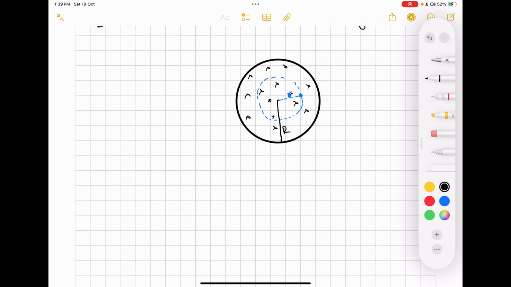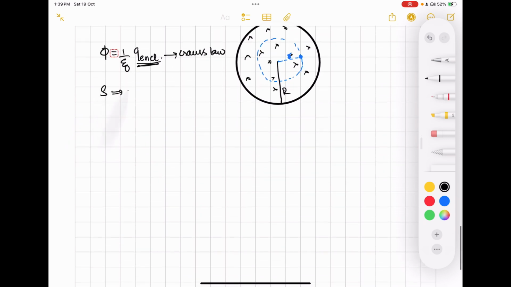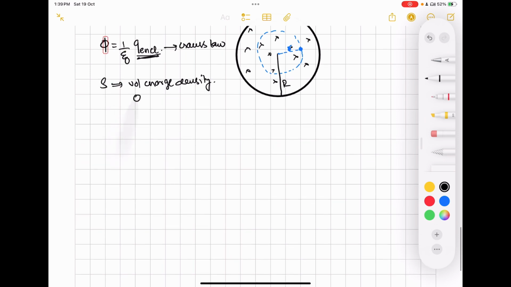We can write phi is equal to 1 by epsilon 0 q enclosed, which is the Gauss law, and this is the net charge enclosed in the Gaussian sphere. We have rho as the volume charge density, which is the total charge per unit volume of the sphere.